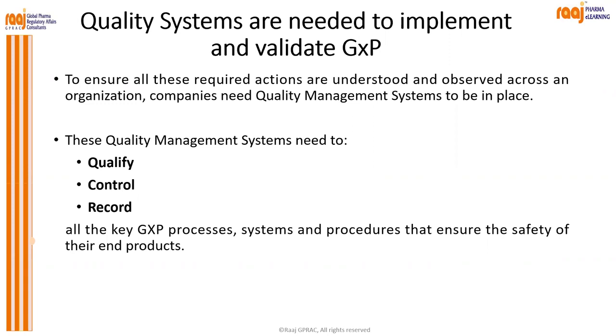And this quality management system needs to qualify, control, and record all the key GxP processes, systems, and procedures that ensure the safety of their end product. As I said, safety is extremely important. And to maintain the safety, we have to meet systems like GMP, GLP, GDP, and GCP, because the final outcome at the end of the day is that we have to ensure safety.